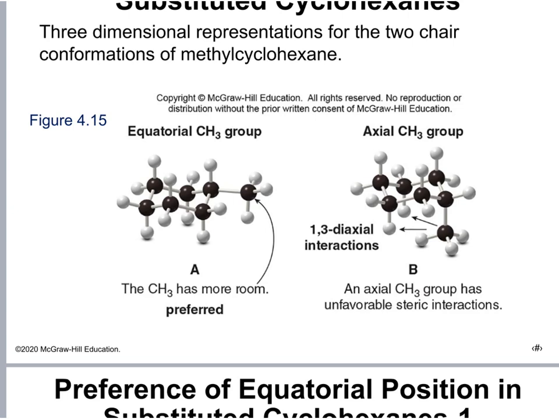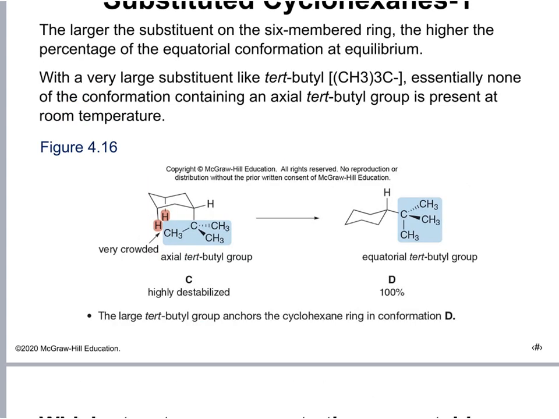All right, so the methyl group prefers to be in the equatorial position, so it doesn't have these 1,3 diaxial interactions. It's not going to hit those. And literally, when you draw these molecules, you can hear them bump. They go tick, tick, tick, they bump. So you want to avoid that high energy interaction. And that's a steric interaction. Here, this is a tert-butyl.